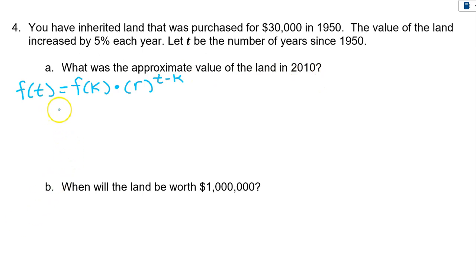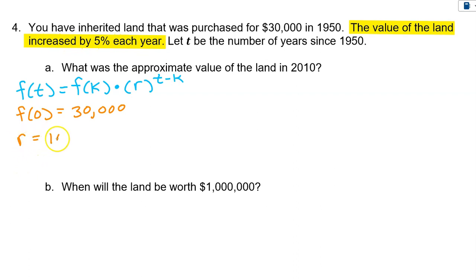This is an exponential growth problem, so let's use the exponential model. t is the number of years since 1950. Since the land was worth $30,000 in 1950, then f at 0 is 30,000. The value of the land increased by 5% each year. This will allow me to calculate r, the common ratio.